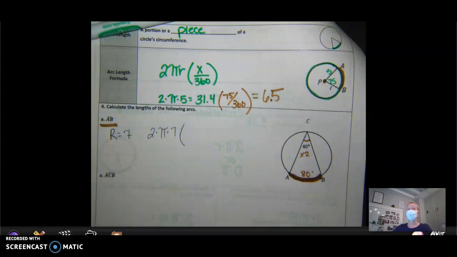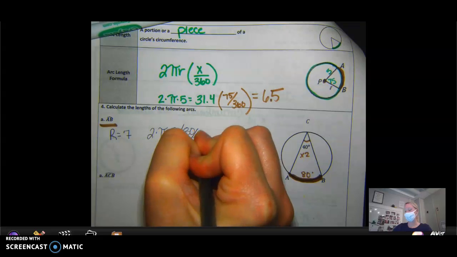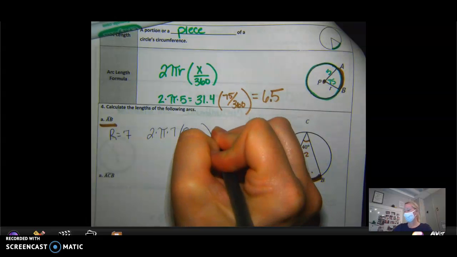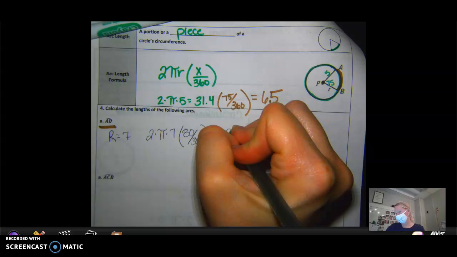But then I'm going to multiply that by what? 80 divided by 360. What do I get? Yep, good. 9.8.